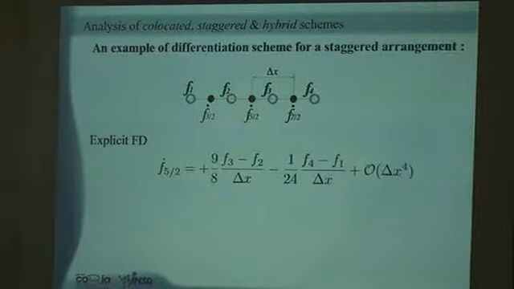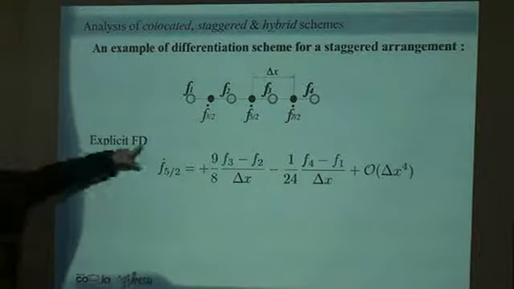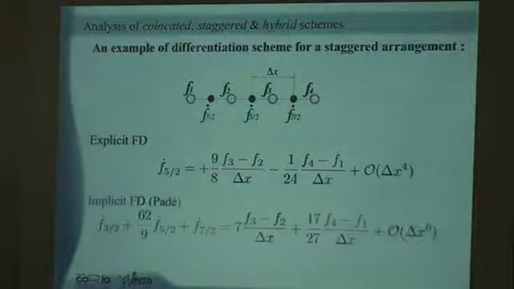You see, if you want to calculate a derivative, the very easy stuff. Let's calculate a derivative with the explicit finite difference, Padé implicit finite difference scheme, on collocated, staggered, or hybrid grids.